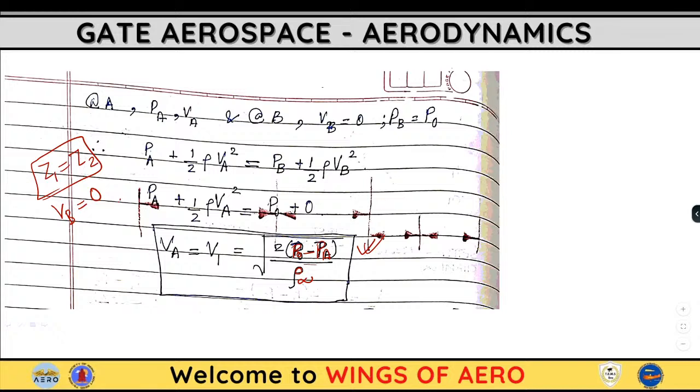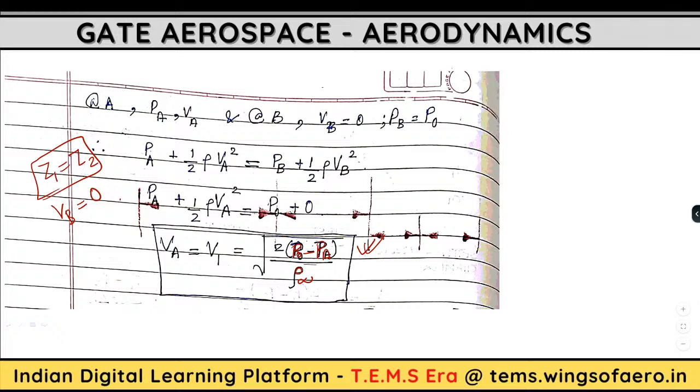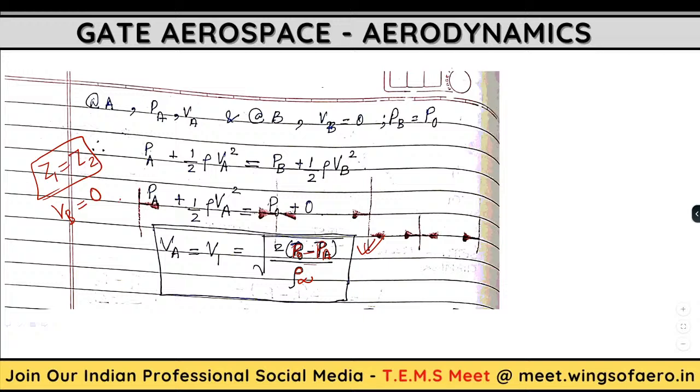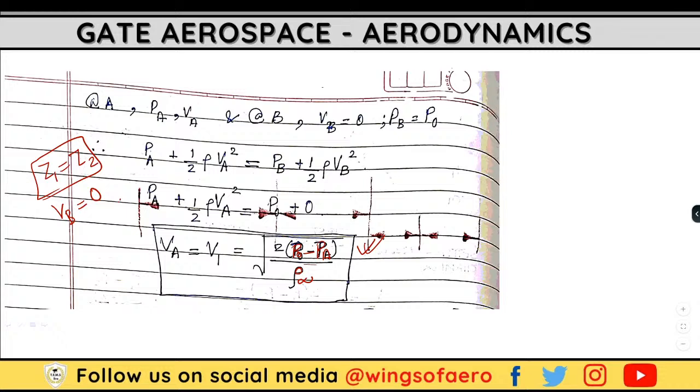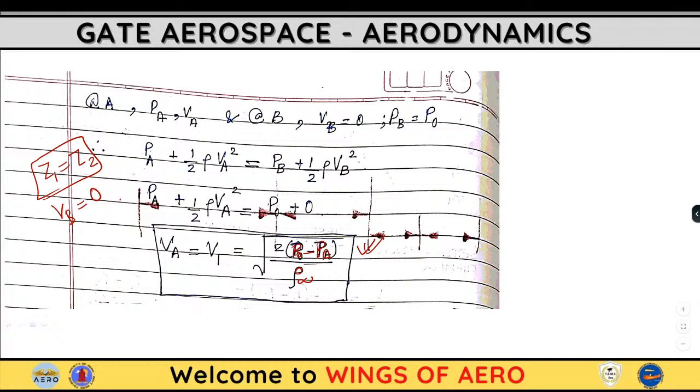Now one more thing you remember: in GATE, whenever they ask questions for 2 marks, they always make you use a couple of formulas. You have to use 2 formulas. I think you have seen this in the last few days.